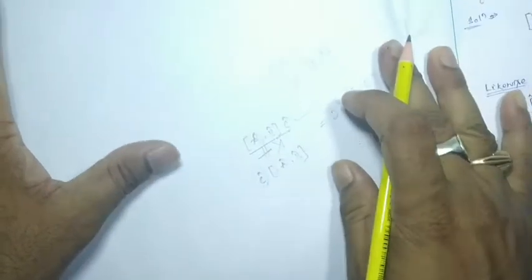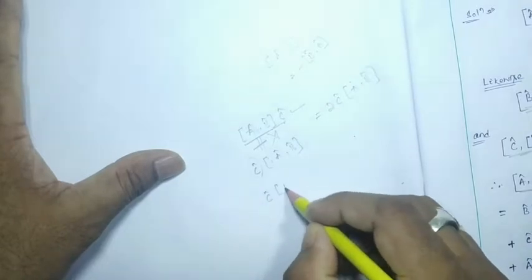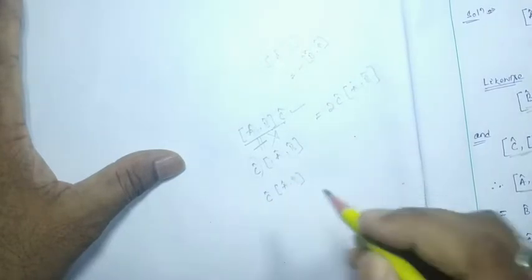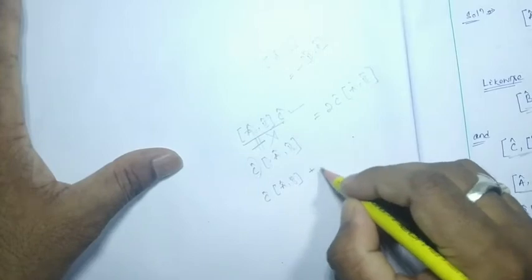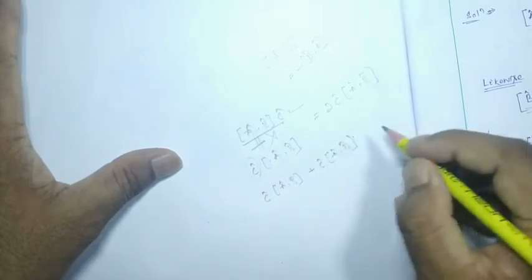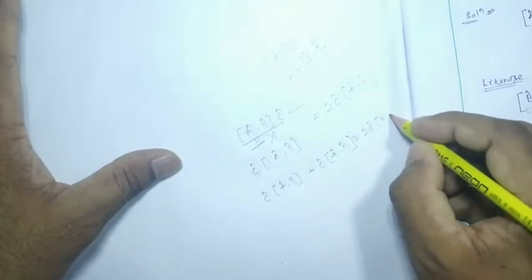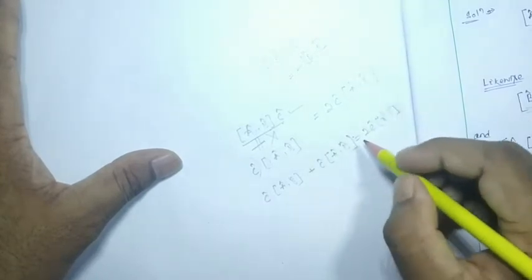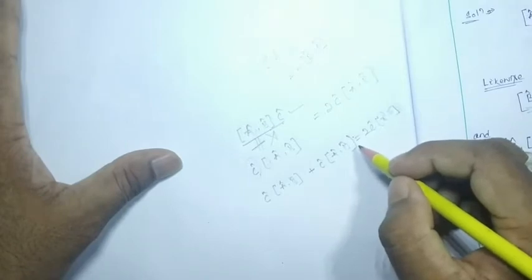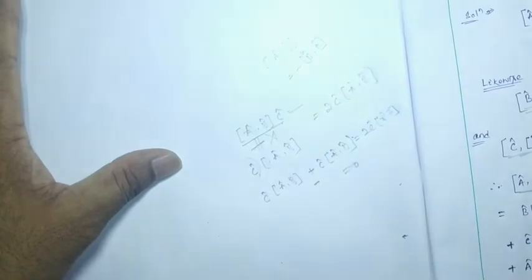Okay, so whenever we find c cap a cap b cap, and another term plus c cap a cap b cap, then it will be added and it will be 2 c cap a cap b cap. Okay, suppose it will be minus, it means it will be 0.